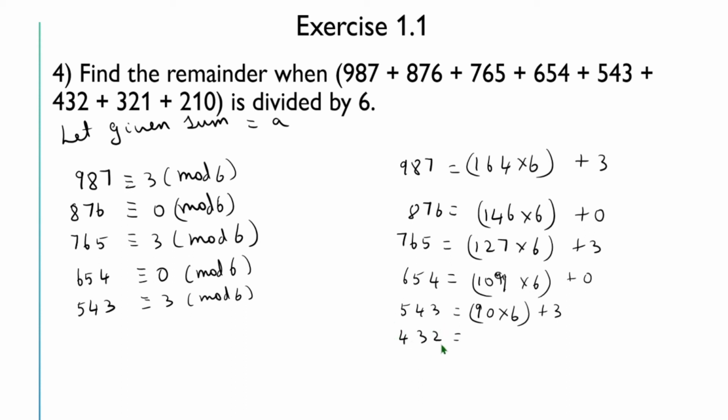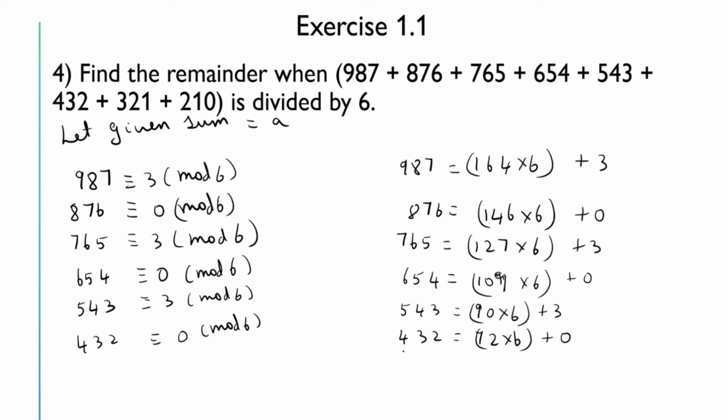If you are very sure, directly you can write it as 432 congruent to 0 mod 6, or even otherwise you can divide and check. So 432 is equal to 72 into 6 plus 0. So here we have 432 congruent to 0 mod 6.